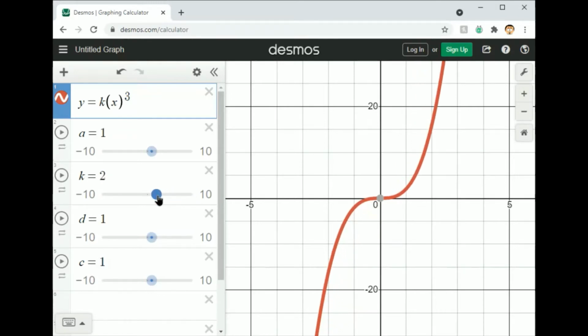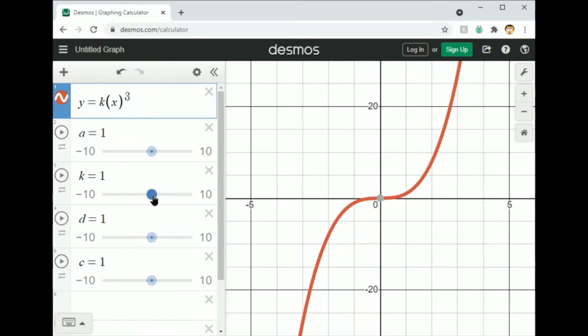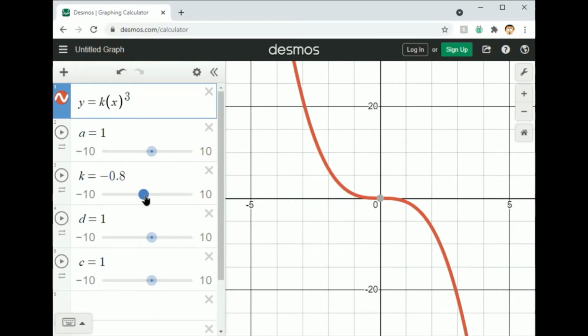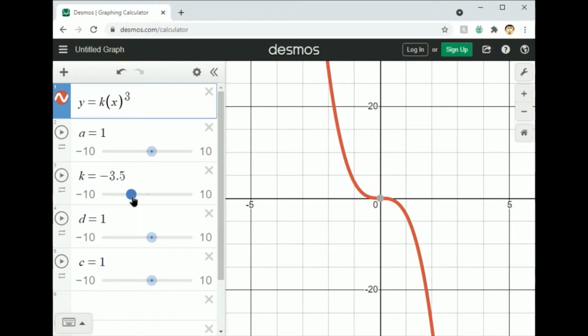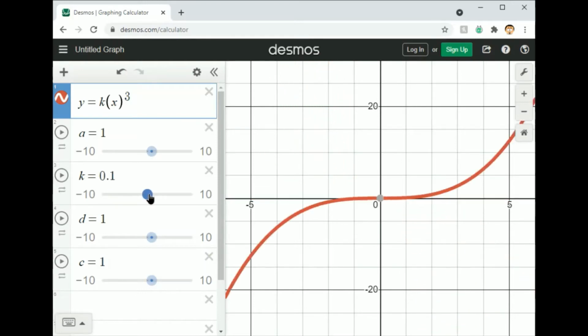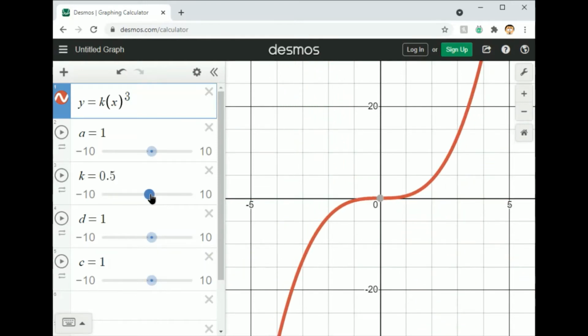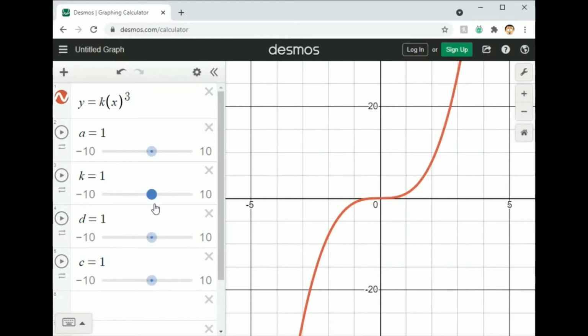And as I go towards the negative numbers, it flips it horizontally in this case. Again, technically it doesn't matter either way, but for our purposes, I want you to think about k as being entirely horizontal. Okay, I will come back to that later and we will explain how those are different things.